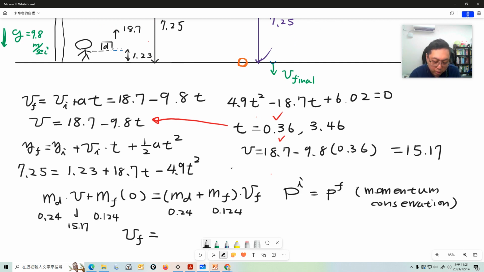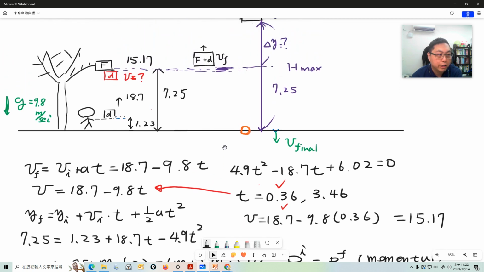I just did the check: 15.17 divided by 0.24 plus 0.124, yes, 10.00. So right after the inelastic collision, the velocity is equal to 10.00.